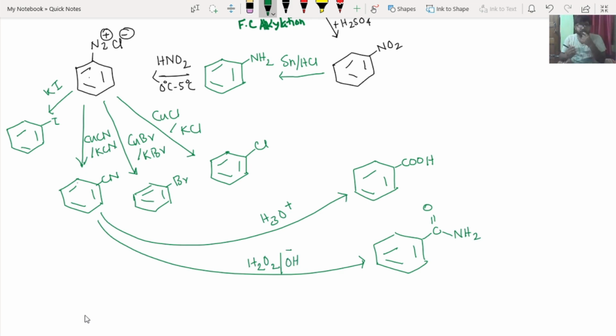So these are two reactions of cyanobenzene. Now this amide can be converted into aniline by the simple Hofmann bromamide degradation. For that we have to use potassium hydroxide and bromine.